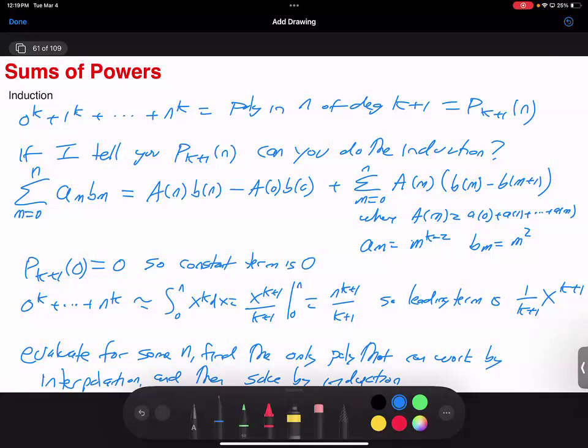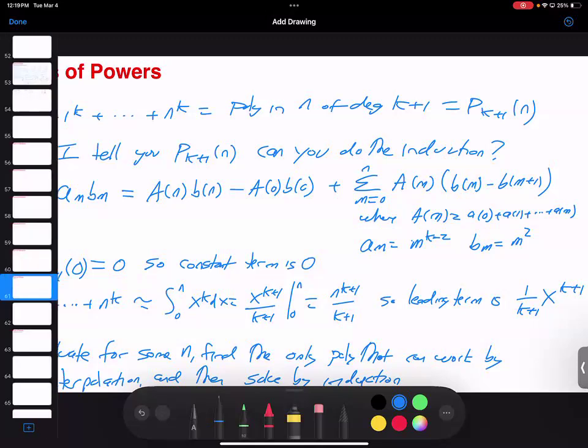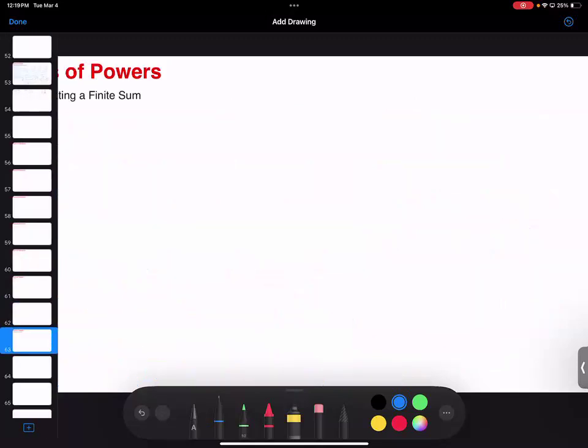So if we believe it's a polynomial in n of degree k plus 1, we can figure out what that polynomial is by just evaluating it for like k minus 2 or k minus 1 choices of n. Now that we know the polynomial, we can do the induction. But that requires you to evaluate it each time. There are methods involving Bernoulli polynomials and whatnot that allow you to do stuff like this.